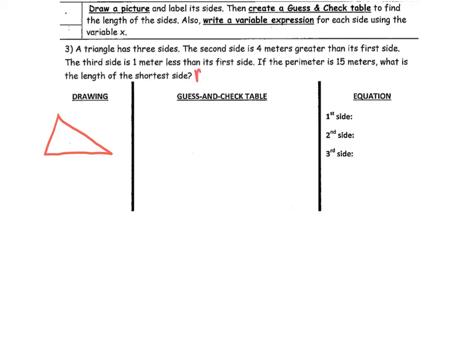So the most mentioned side is going to be our x. We keep talking and relating everything back to the first. The second side is 4 meters greater than the first. Then the third side is 1 meter less than the first. We keep talking about the first. That is going to be what our x is.